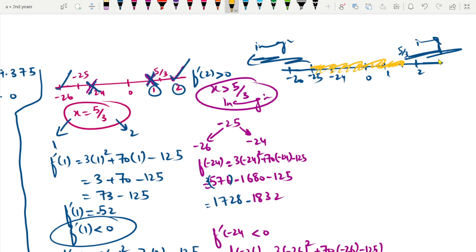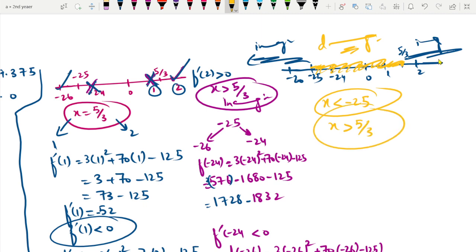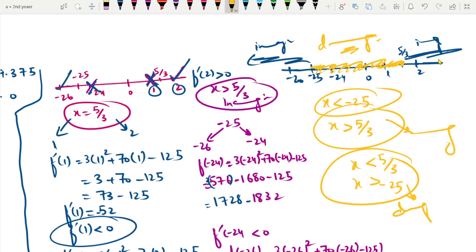When x is less than minus 25, the function is increasing, and when x is greater than 5 divided by 3, the function is also increasing. When x is between minus 25 and 5 divided by 3, the function is decreasing.